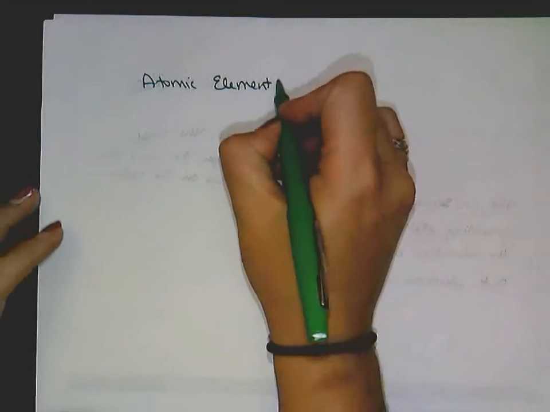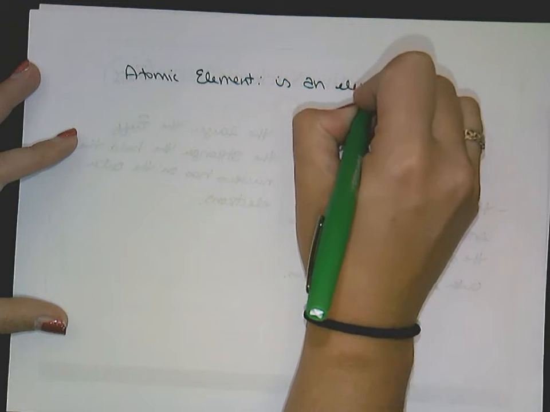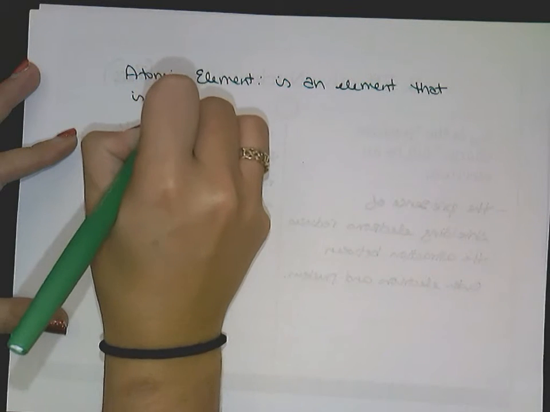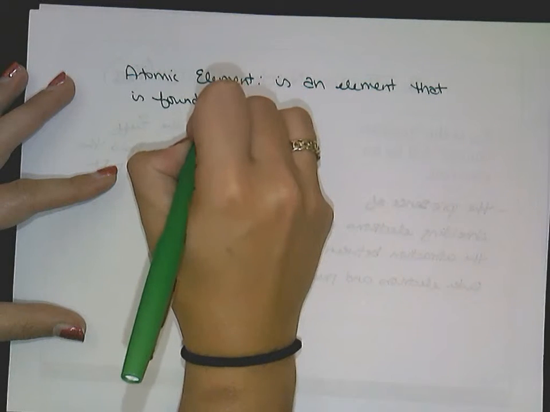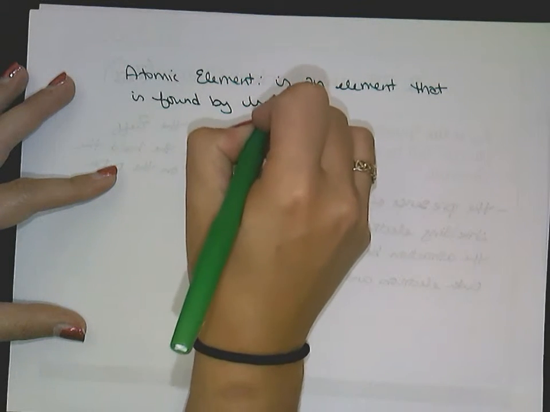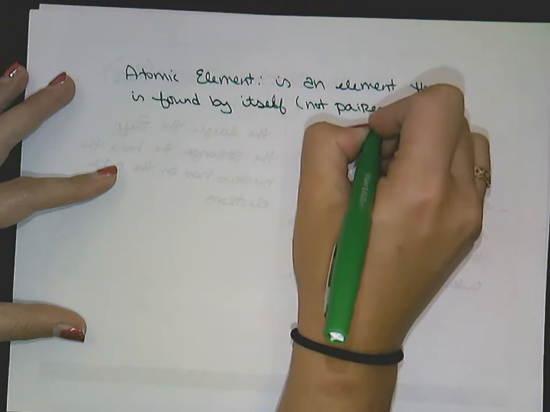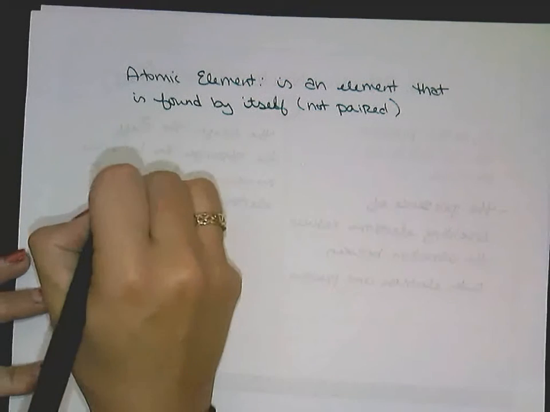All right, so an atomic element is an element that's found by itself, not paired. Right, so if I have a single atom, it means it's all by itself, and so if I have an atomic element, it means it's an atom that's not found with a pair.